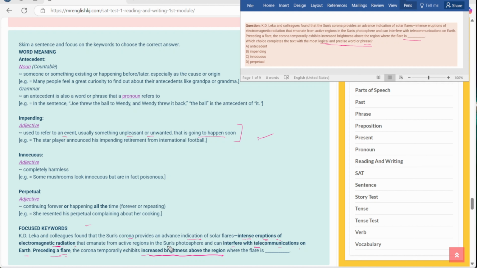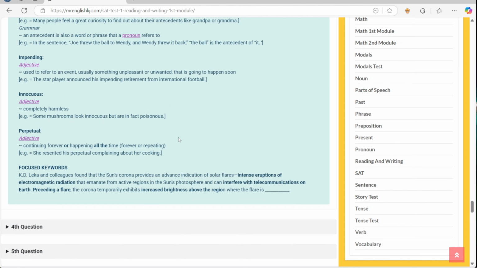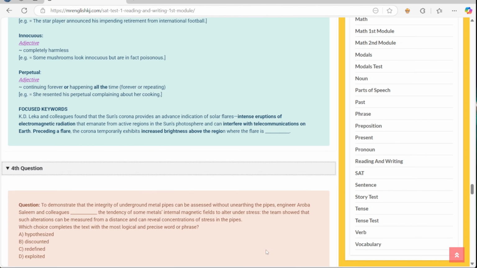That is one indication. The second indication is interference with telecommunication on Earth. The third is increased brightness above the region where the flare will fall. So definitely it is giving us indications, and when it is giving us indication of unpleasantness, we know it is impending. Fourth, pause and understand.